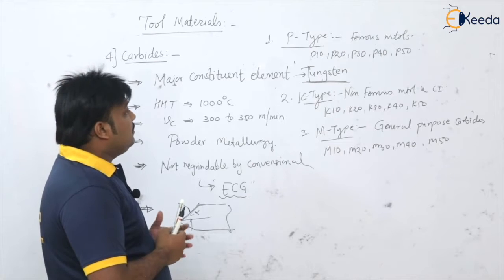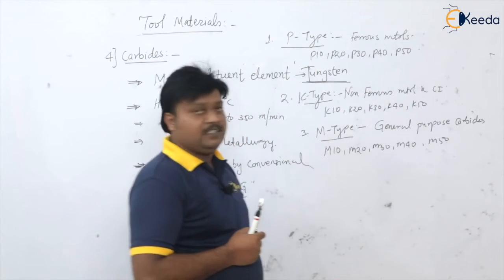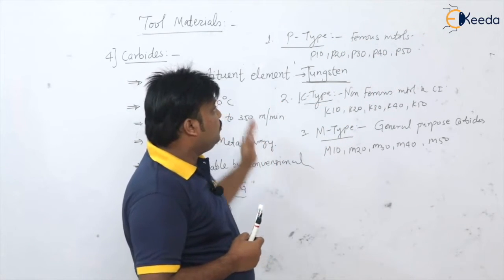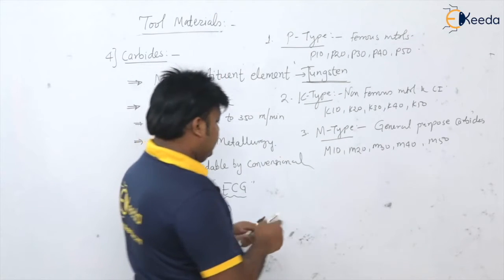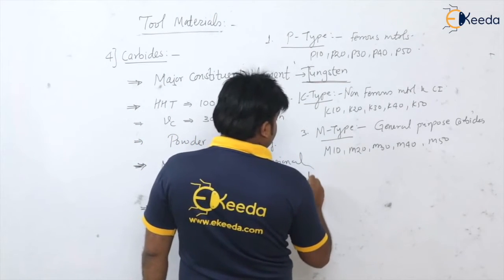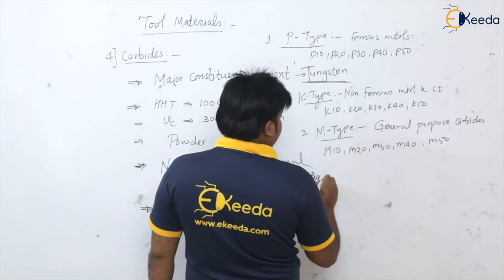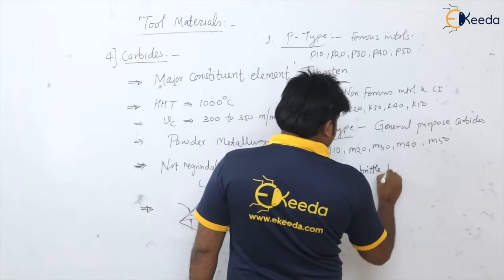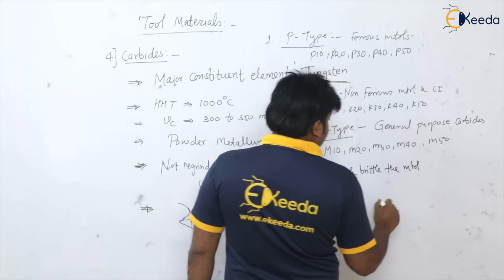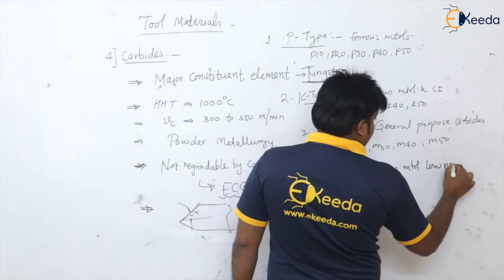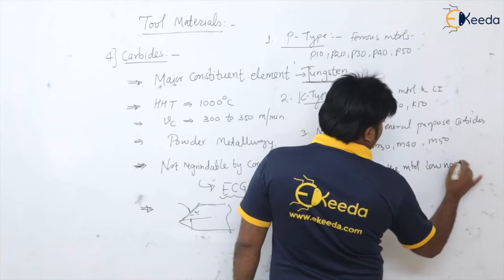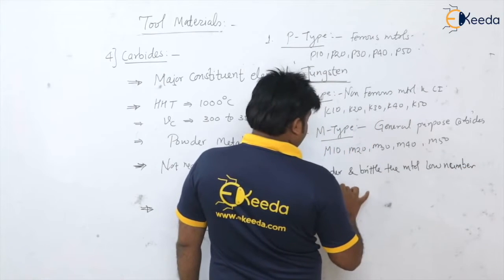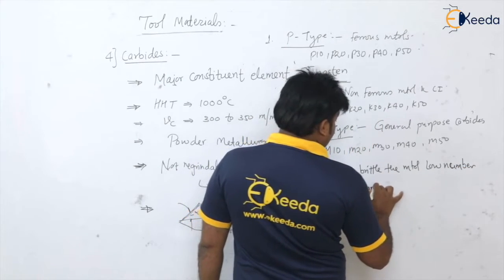Then what does the number actually indicate? What is this P10 and what is this P50? What is the aim behind using these numbers? So actually see, for higher hardness and more brittle material, the low number carbides are used.